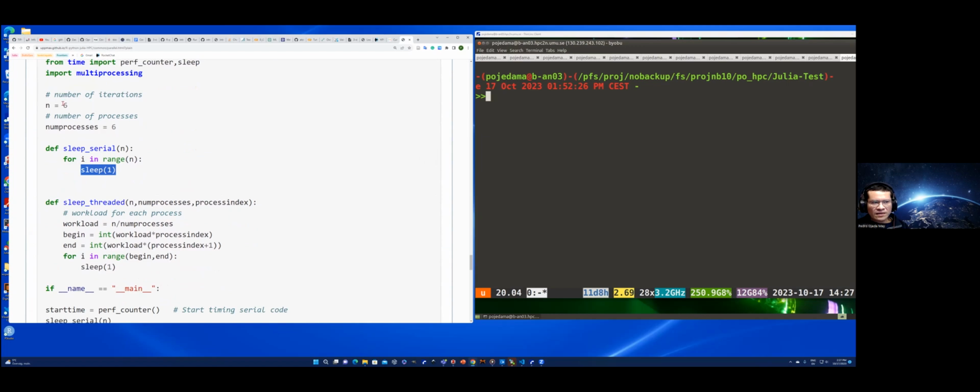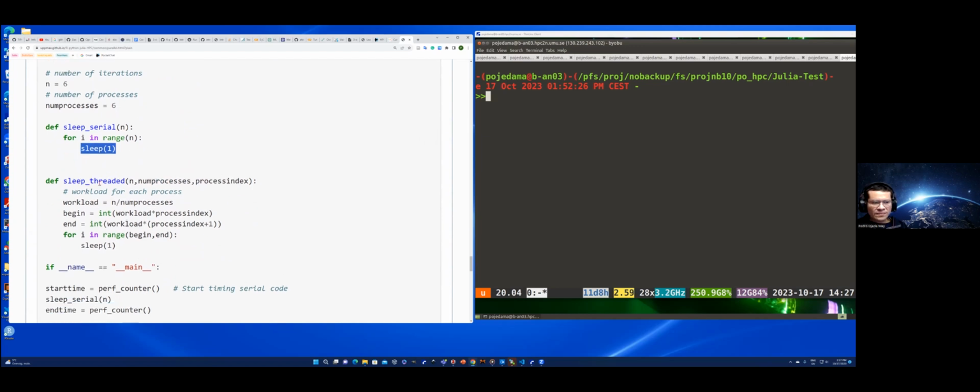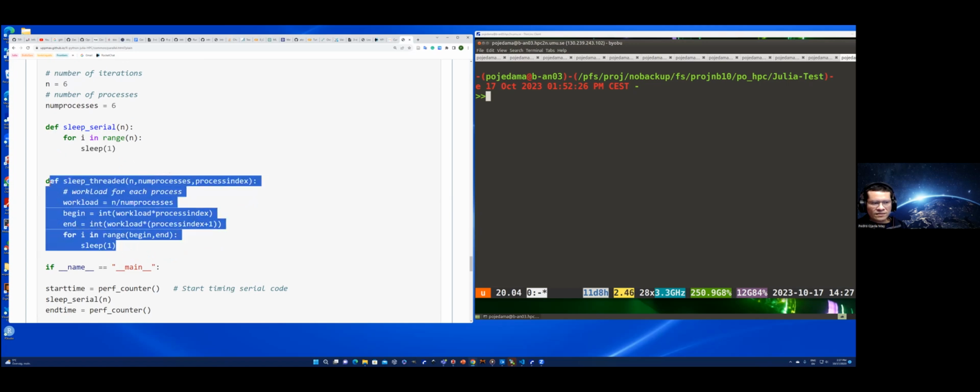Because I have 6 iterations, in total it will sleep 6 seconds. But here I parallelized the function, and notice that the first thing we need to think about when parallelizing code is that we need to do some code restructuring, right?